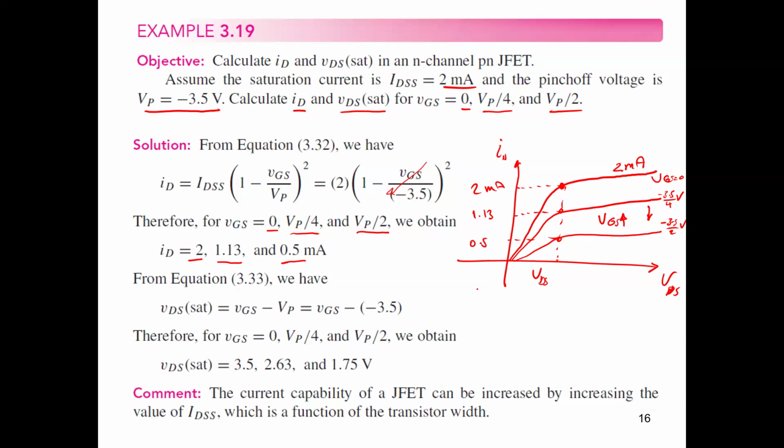Now we need to calculate the VDS saturation. Simply, you know that VDS saturation equals VGS minus VP. VP is constant, so we can calculate now. The first value is VGS equals 0, so minus VP gives 3.5 volt.